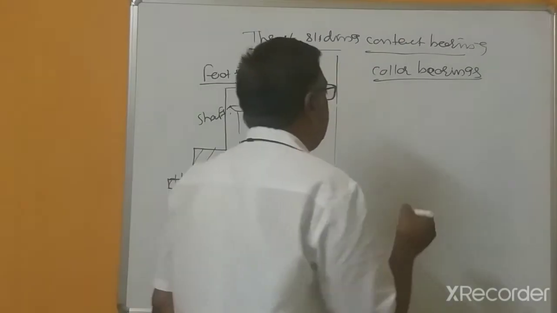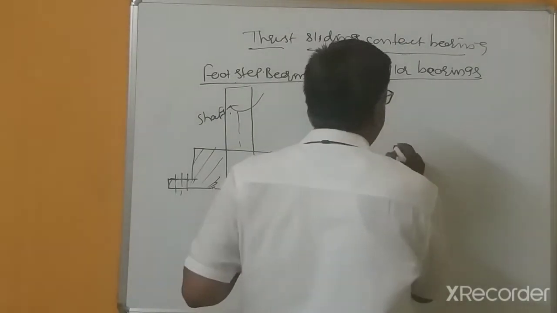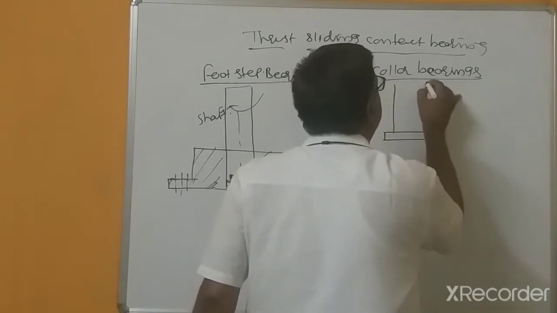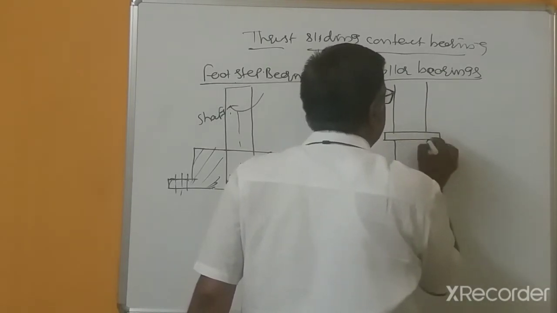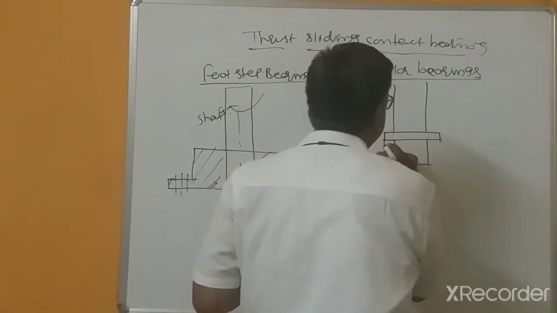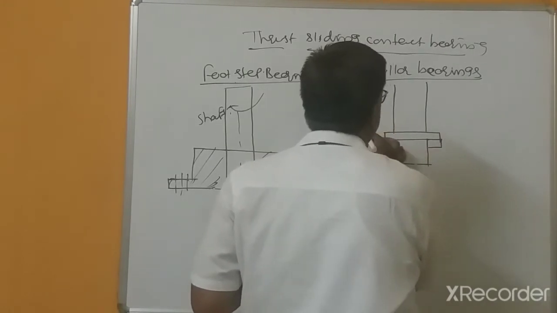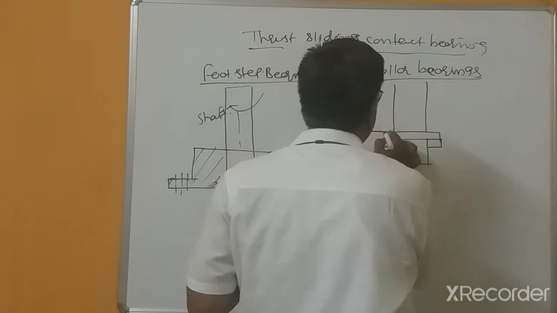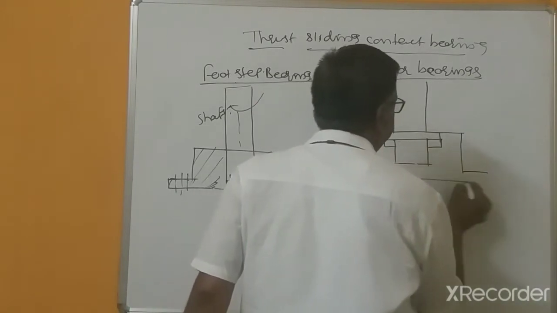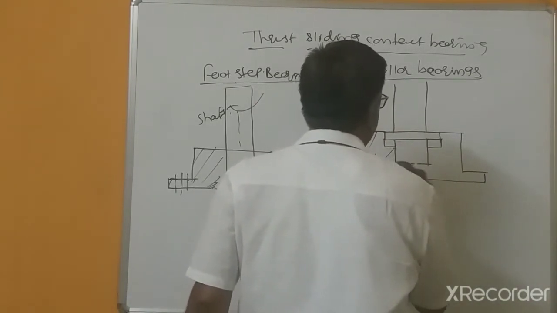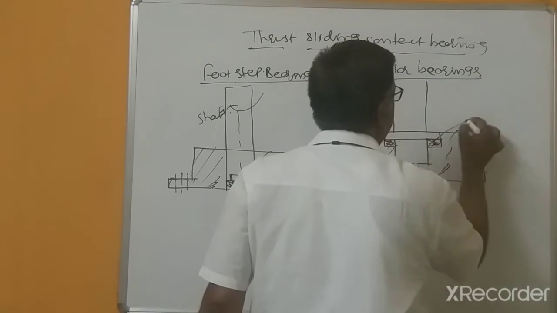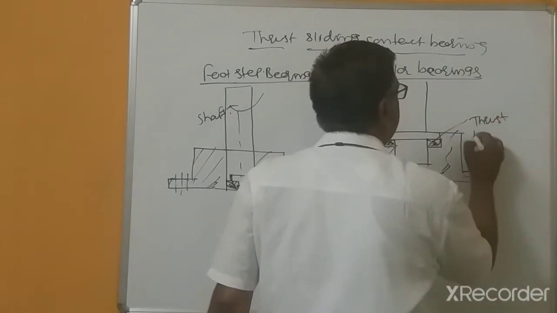In the collar bearings, there is one collar. Suppose this is the collar. Below this collar is the bearing, this is the thrust bearing.